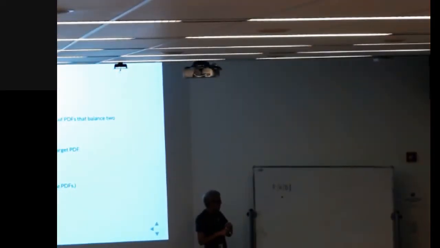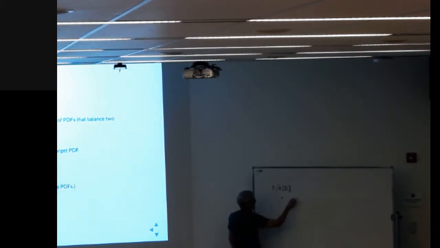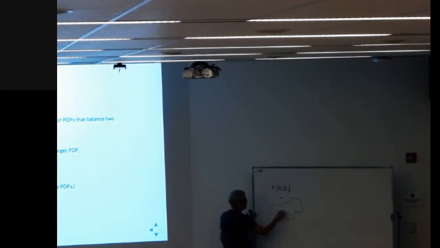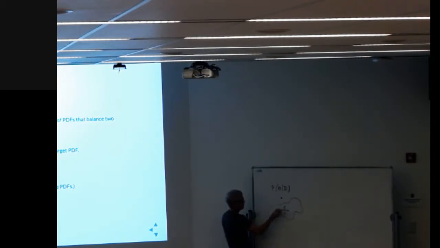We're going to define a family of other probability distributions that is something that's easy to compute. I'm drawing it as an extended blob because it's not just one point. It's not one function, but there are knobs inside that you can turn that will move you around this space. So variational inference is really just moving around in this space to find the member of that family that's closest.